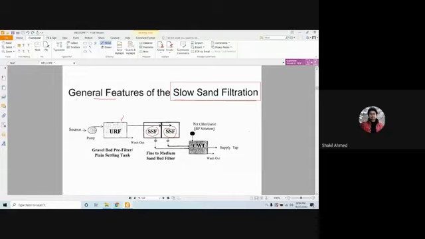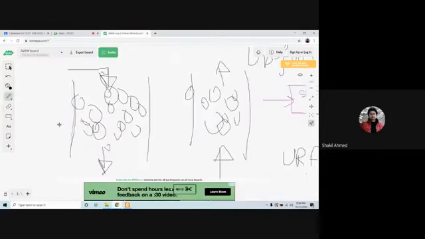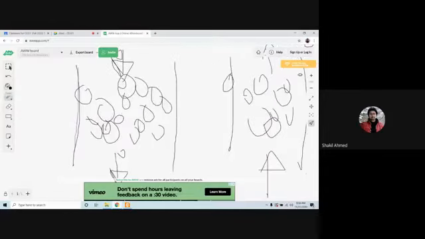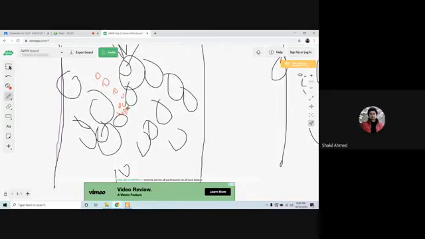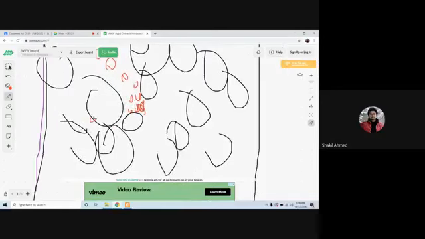If the water is too polluted, you'll have a lot of particulate matter, and it will be deposited in the filter media and eventually block the pore spaces.